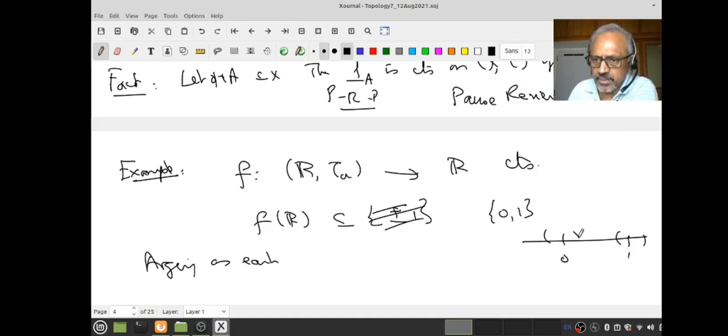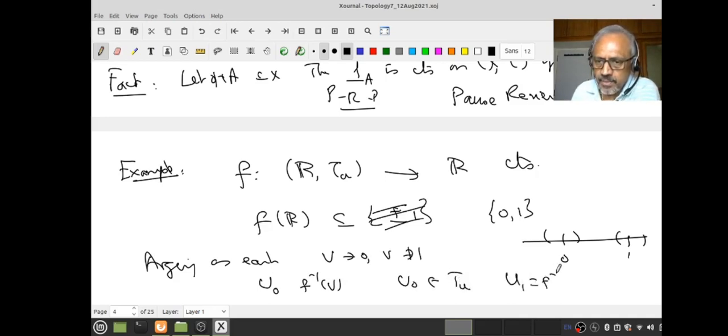This is my V. Suppose V contains 0 and V does not contain 1, then f inverse of V, call it U0, is open in tau u. And similarly, let us call U1 to be f inverse of V, where V contains 1 but not 0. Then this is again open in tau u.